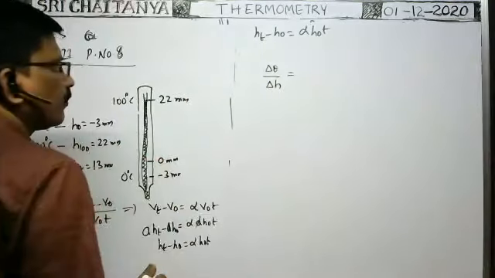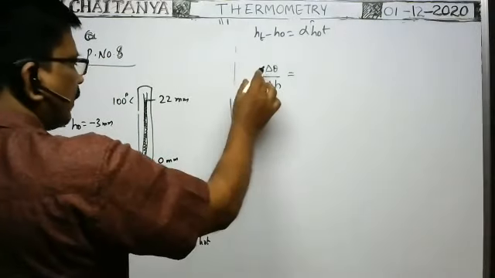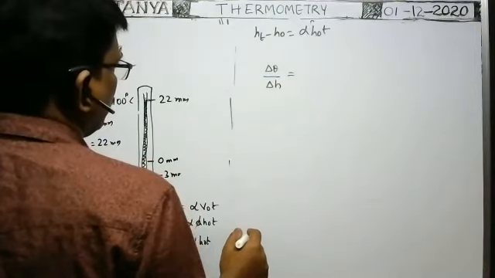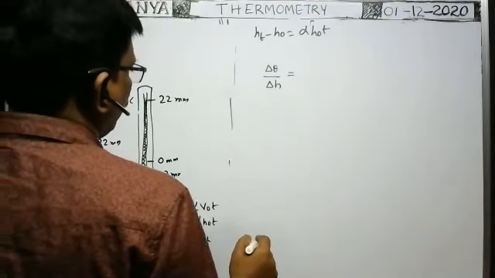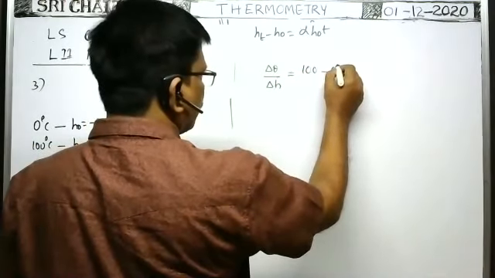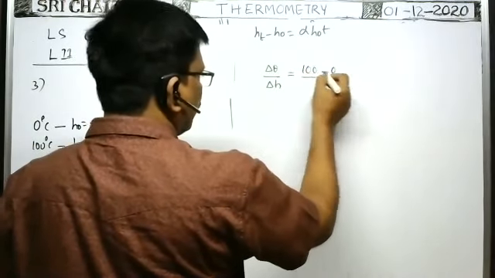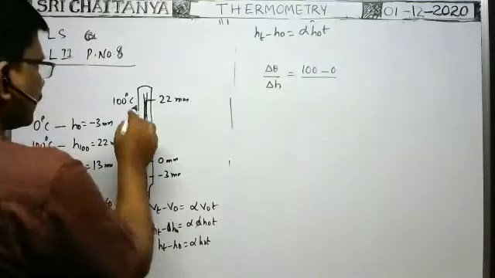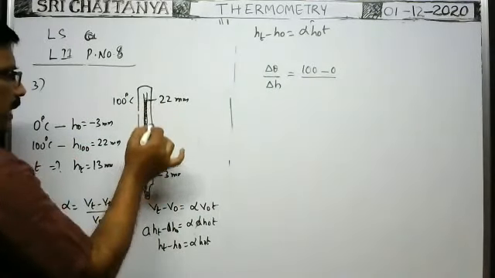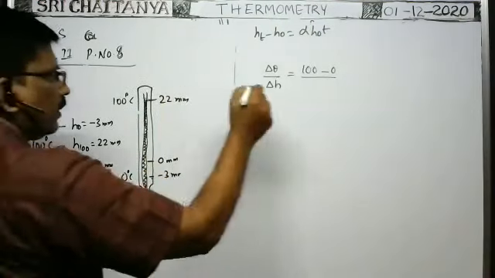The rise in temperature, delta T, means 100 degrees centigrade minus 0 degrees centigrade. For this temperature change, the mercury level rises from this mark to this mark, so this minus this is the rise in the mercury column.